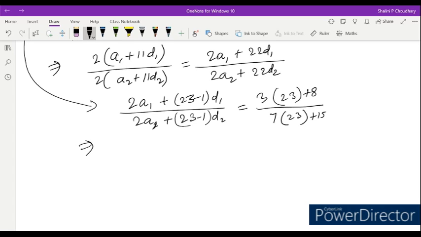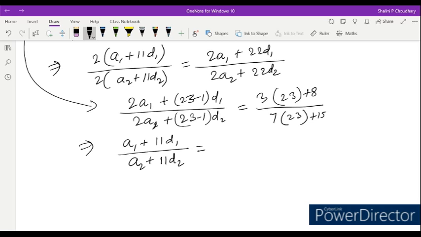After that, on both sides we take 2 common, so we get a1 plus 11 d1 divided by a2 plus 11 d2.